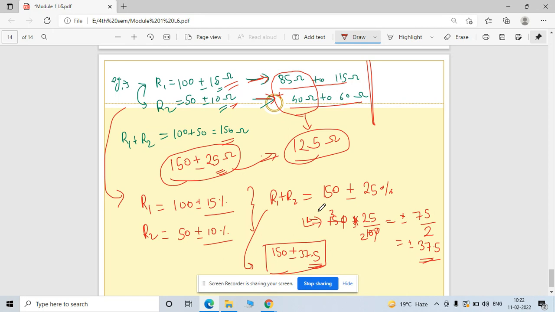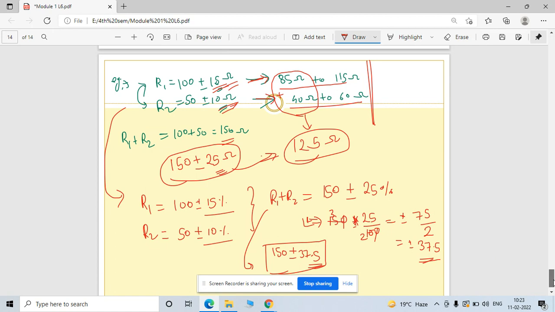So in this way you can analyze and verify your answer. I had said at that time that whenever you take the reading, you generally observe that while performing addition and subtraction, you add the absolute error, so that reading matches with this error. So these are the numerical verification of that concept.